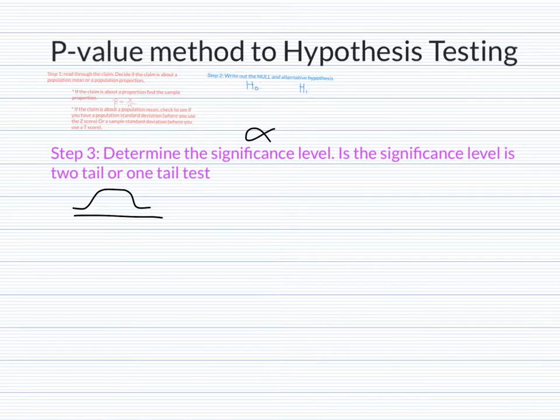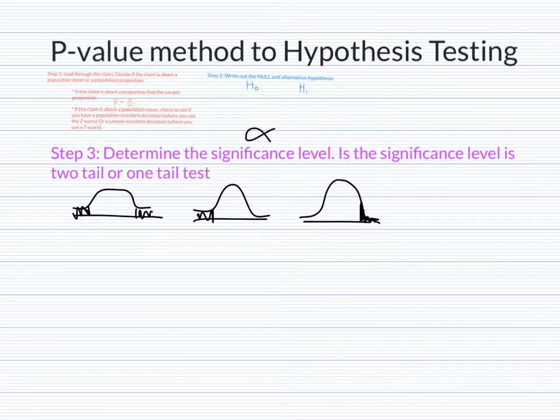There's our graph. A two-tail test would put our significance in both of the tails. A one-tail test would either be on the left side or the right side. And that would be alpha for each of those significance levels.